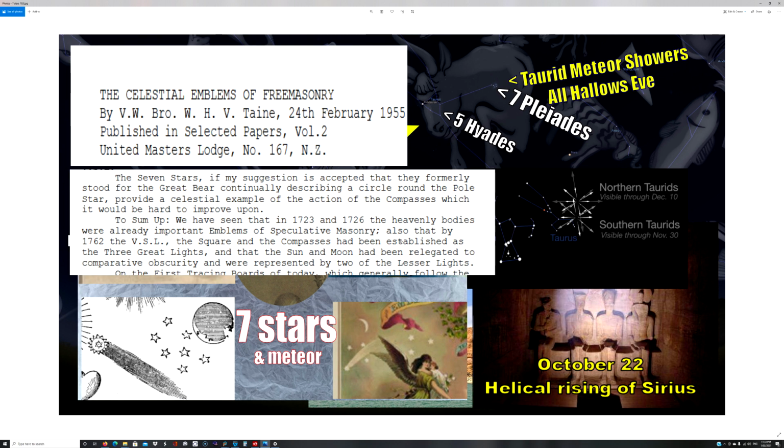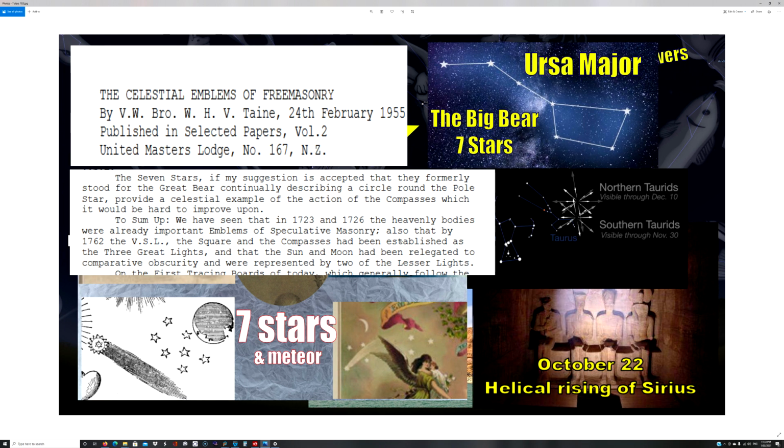However, I'll include this link as well because he's also suggesting to look more to the Bear constellations in the northern point. So Ursa Major, the Big Bear, is one of the very visible ones. You follow this line and it points to the North Star, and that has 7 stars in it, also called the Plough. There are different names for it, but the 7 stars point to the north.